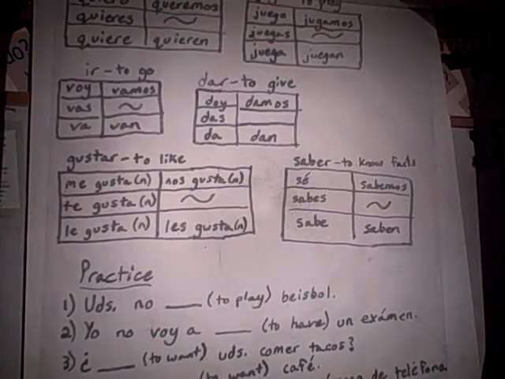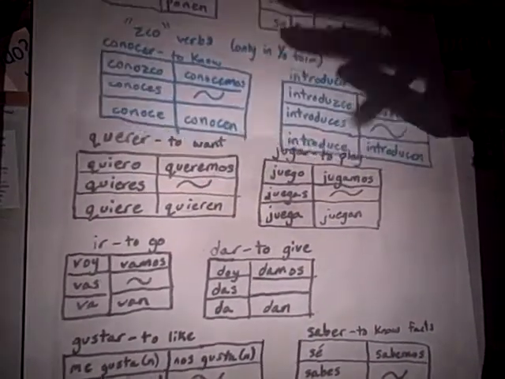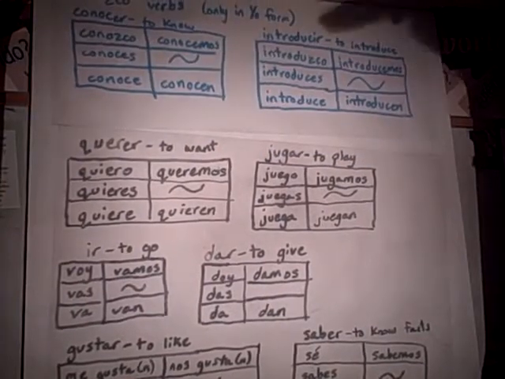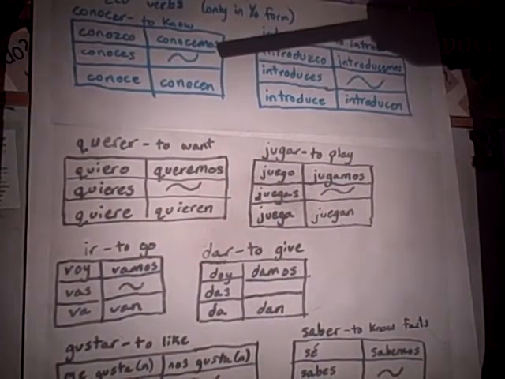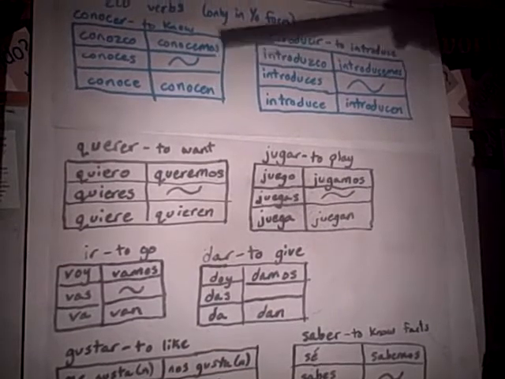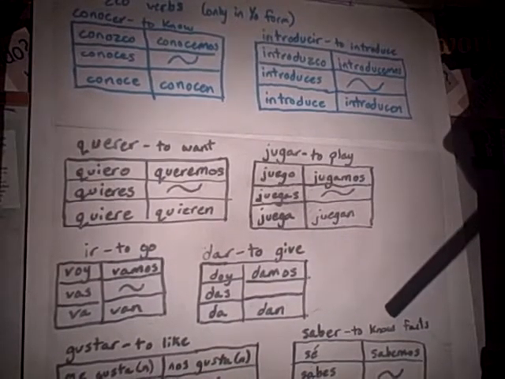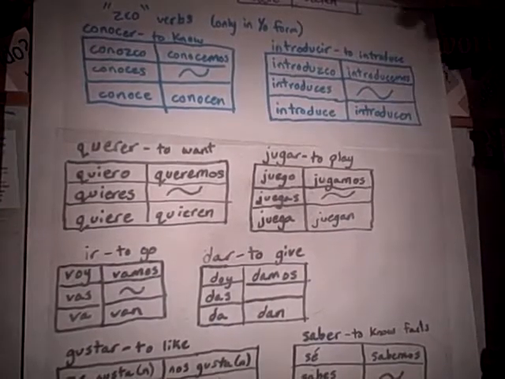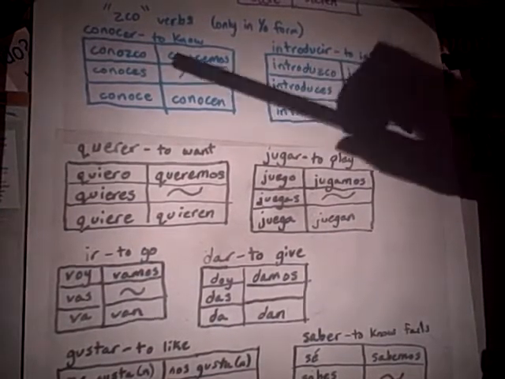Saber and conocer are both to know, but there's a difference. Conocer is to know people or places. Saber is to know facts, information, or how to do something. So both of them are still irregular only in the yo form, but they are similar in the -zco for those two.